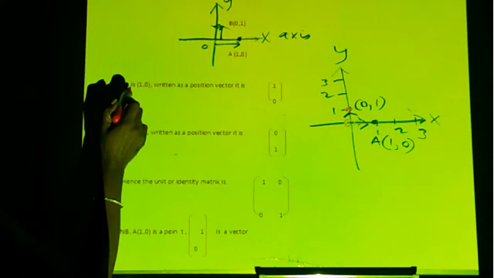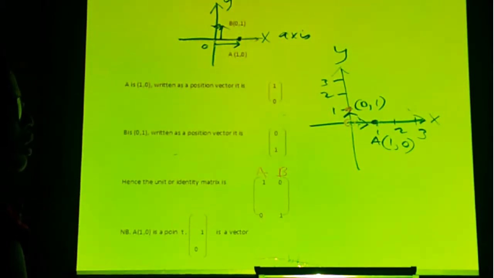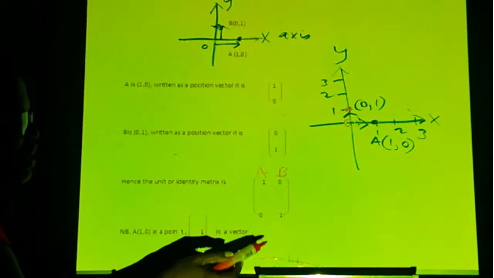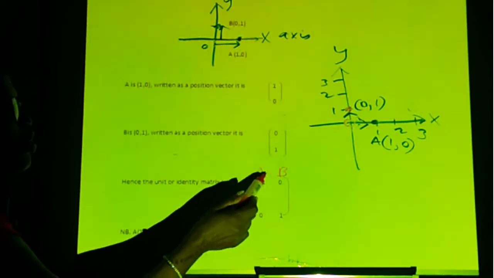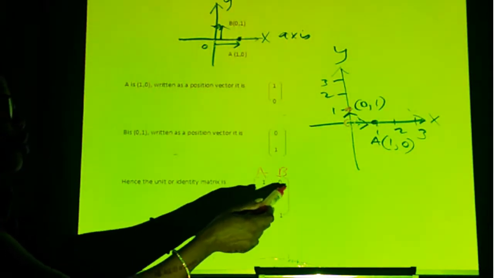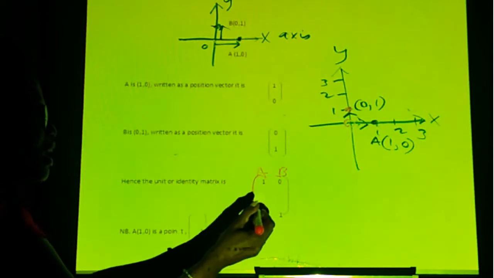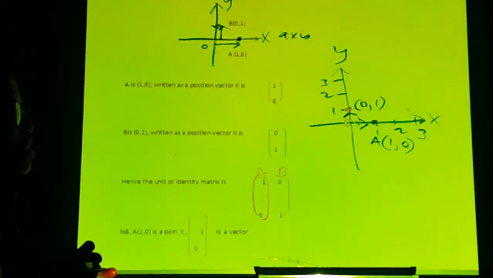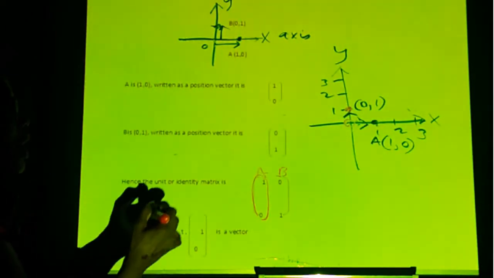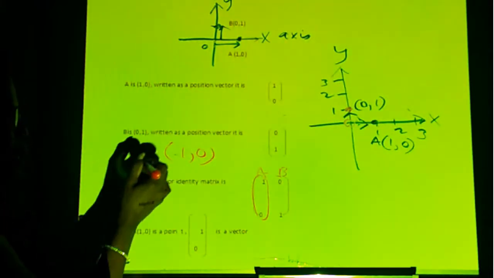So when I put A and B together as position vectors, they now become an identity or a unit matrix. So this A, (1, 0), as a coordinate, I would have had (1, 0) on the graph paper.